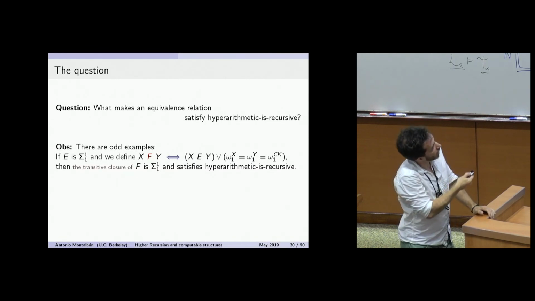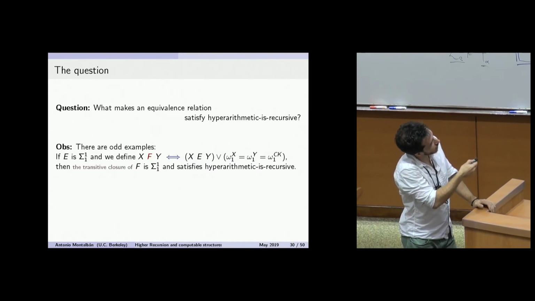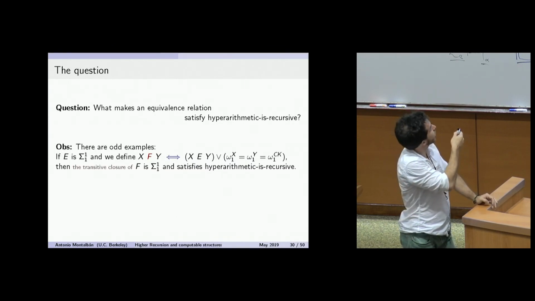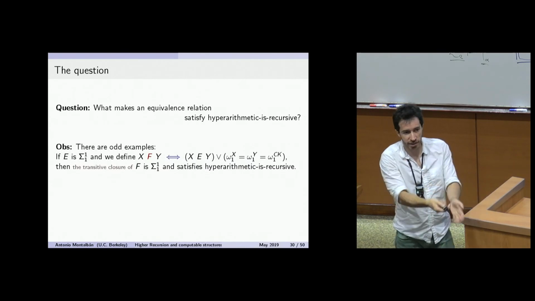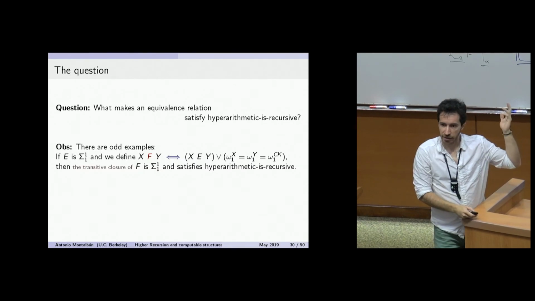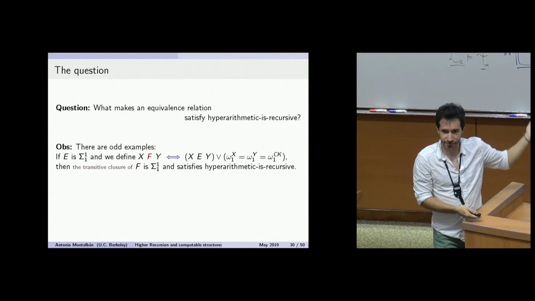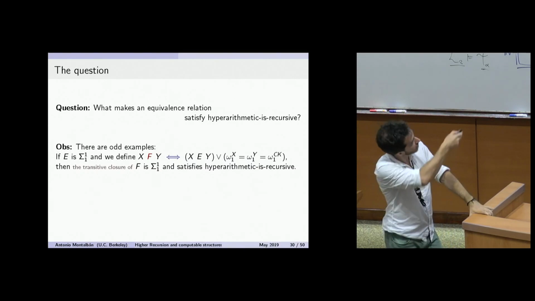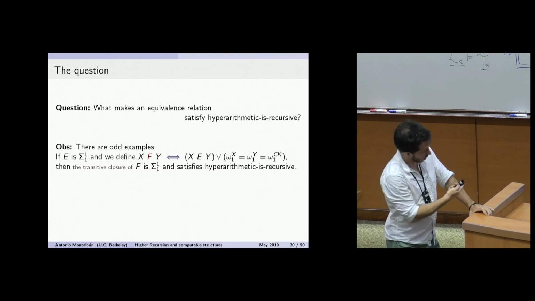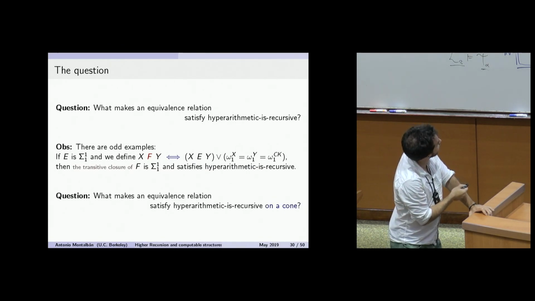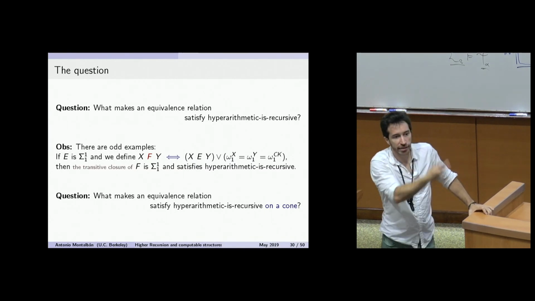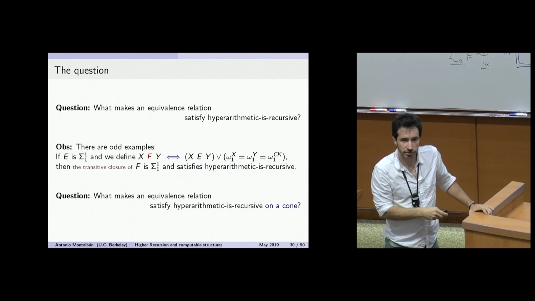It satisfies hyperarithmetic is recursive because all the hyperarithmetic sets satisfy this property, and they are all equivalent to the recursive ones, and we are not using E at all. So we just changed it a little bit on the hyperarithmetic sets, and we make it satisfy hyperarithmetic is recursive. But this is a trick. We're not going to find a characterization of hyperarithmetic is recursive if we allow that. So the right question is, what makes an equivalence relation satisfy hyperarithmetic is recursive relative to every oracle on a cone?